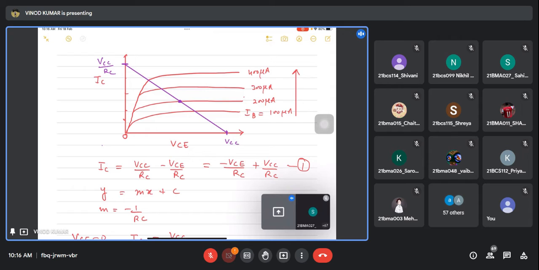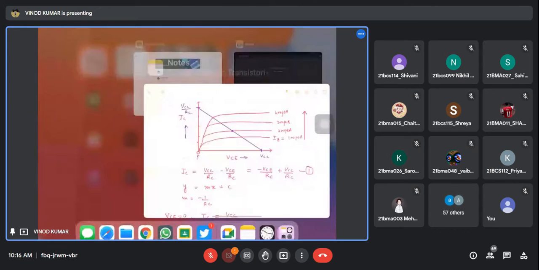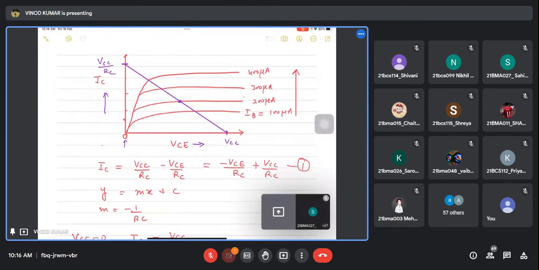So we know this is the active region, right? This is IC, this is VCE. We join these points. This is where VCE is 0, and this is where IC is 0.